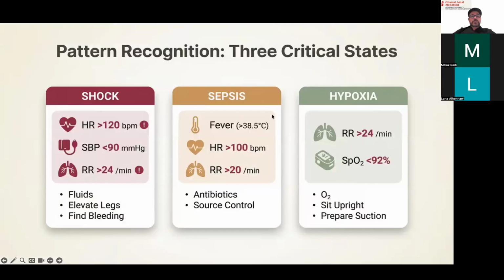When we see pattern recognition, there are three big patterns that you will see almost all the time. Those patterns are shock. We said shock starts with a high heart rate before the blood pressure drops. Again, I'm going to tell you this: we are not designed to have a heart rate in the hundreds, 120s, 130s.